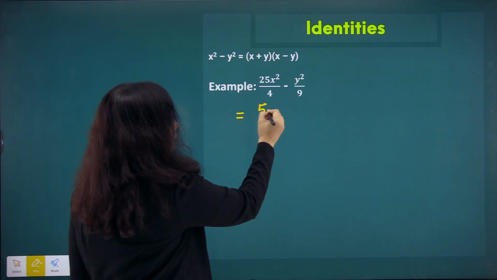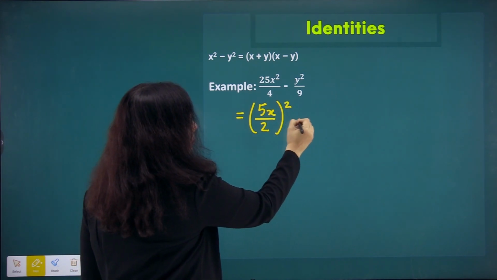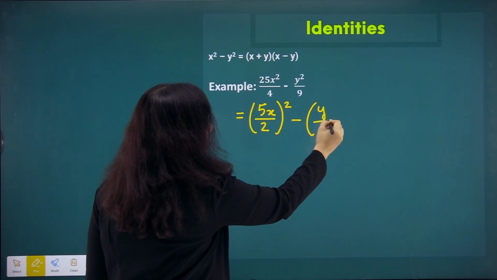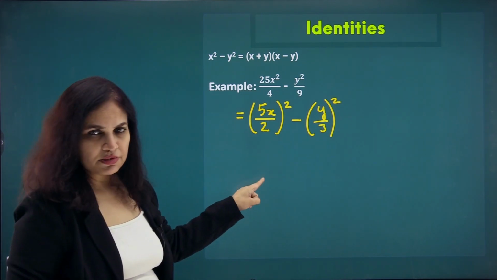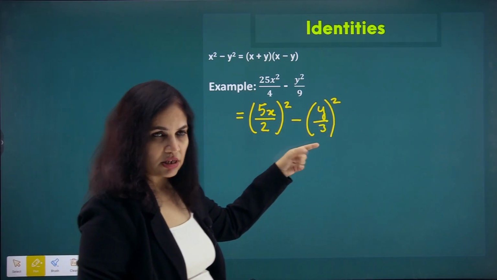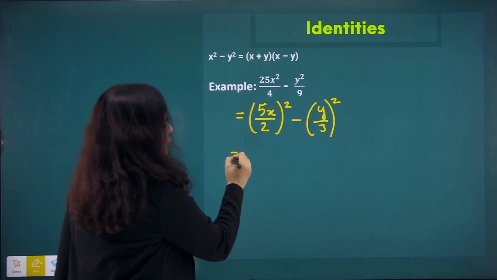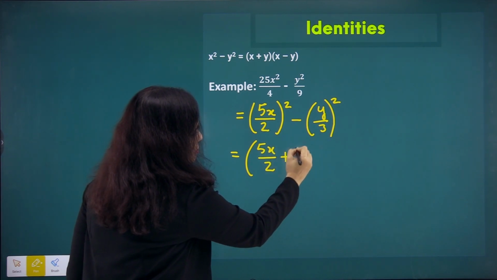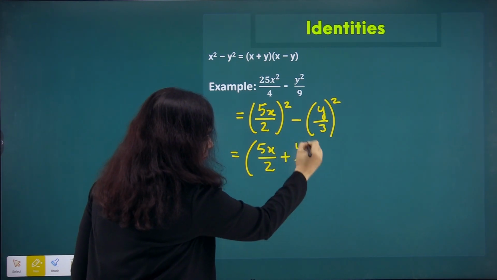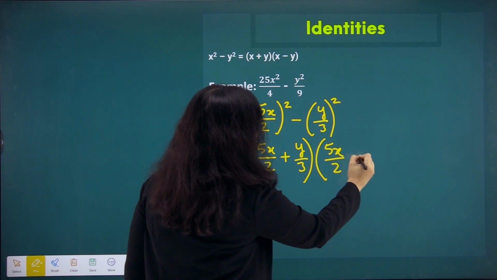So (5x/2)² − (y/3)². So my first term is this and the second term is this. The difference between the squares of two numbers is given by the sum of the two numbers within the bracket multiplied by the difference between the two numbers.